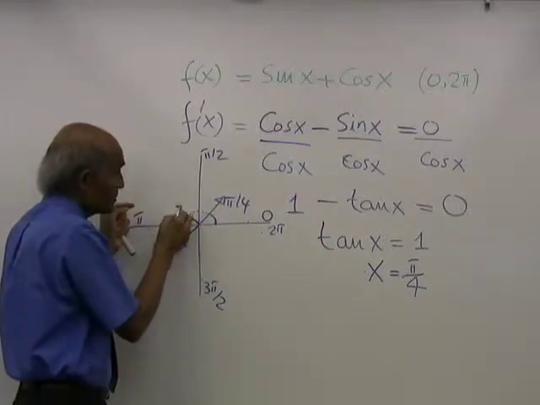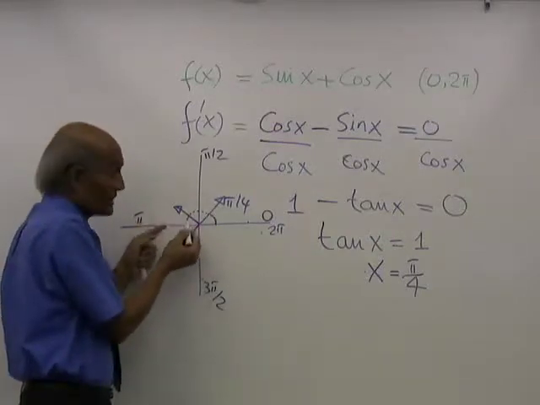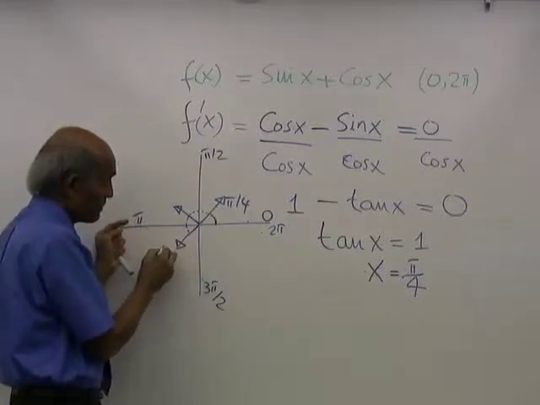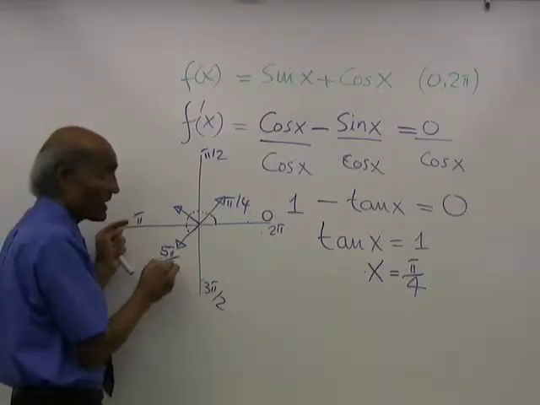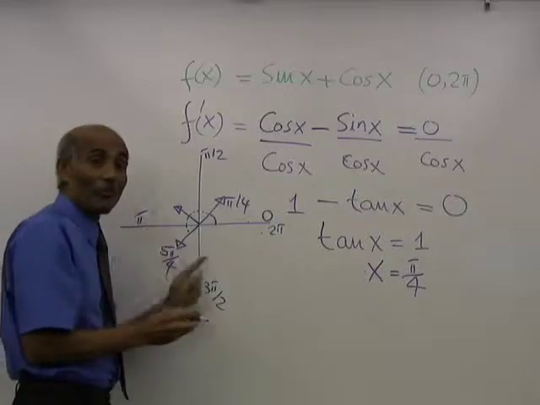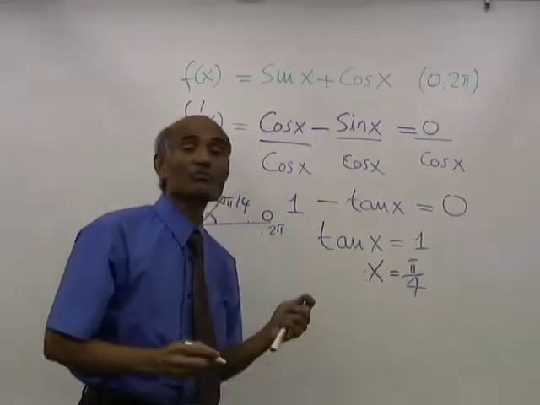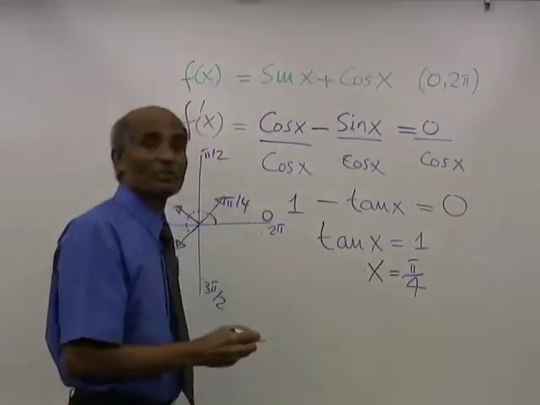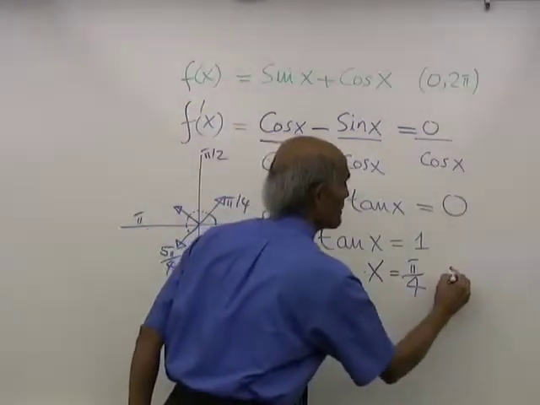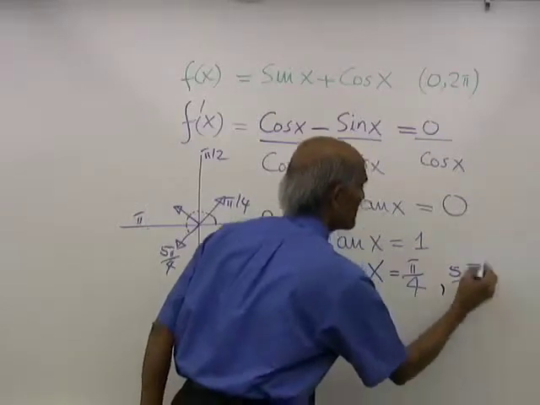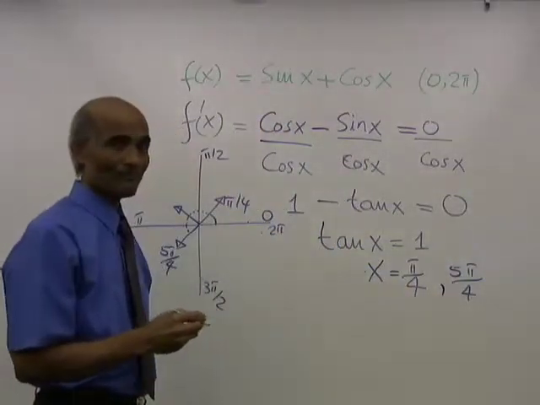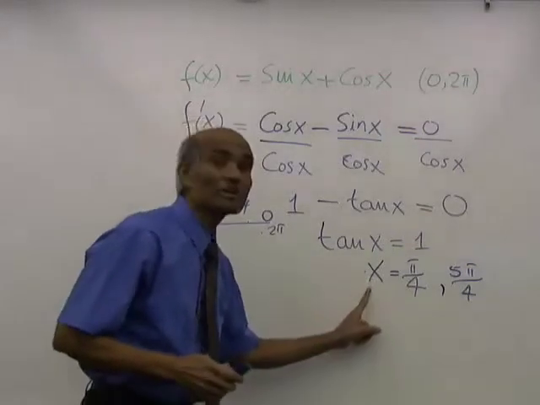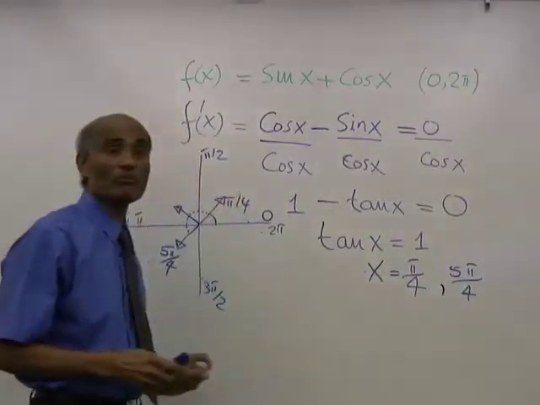And this is 3 pi by 4. This is 4 pi by 4, which is pi. And this will be, therefore, 5 pi by 4. And therefore, tan x equal to 1 will give you two values of x. One is x equal to pi by 4, and the other is 5 pi by 4. Alright, that means our critical numbers are x equal to pi by 4 and 5 pi by 4.